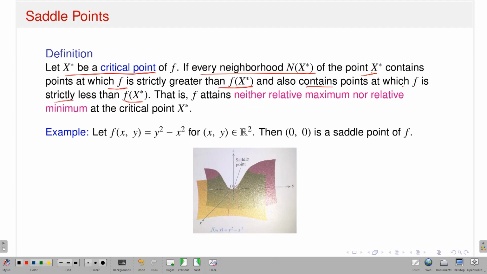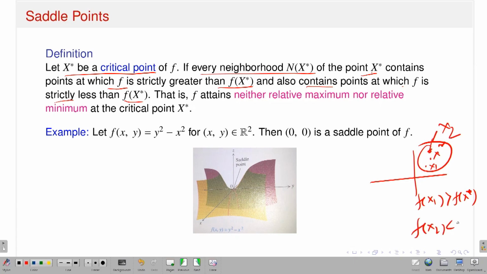So, that means suppose I am talking about the critical point x star. Suppose this is my point x star. Whatever neighborhood I take, there should exist a point say x1 where my value of f at x1 is strictly greater than f of x star, and there is another point x2 such that f of x2 is strictly less than f of x star.